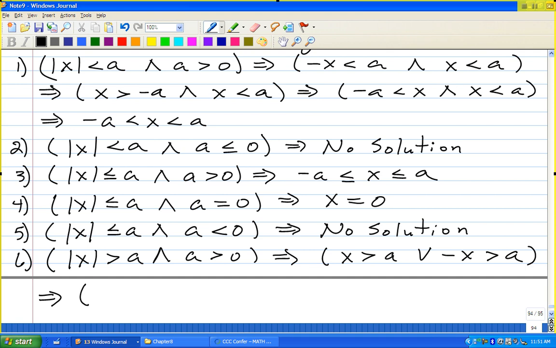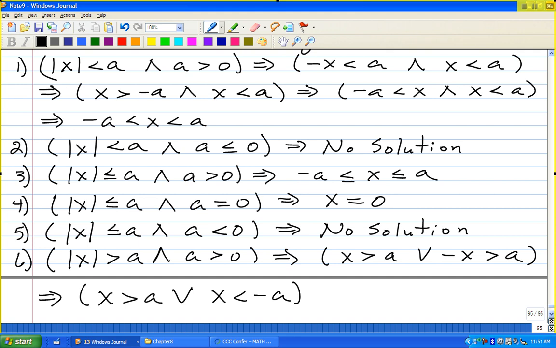And so if I multiply both sides of my inequality by negative 1, then the inequality switches. So it becomes x is less than negative a. And unfortunately, we don't have a standard simplifying notation for this, so we'll just have to leave it in this form. Okay.